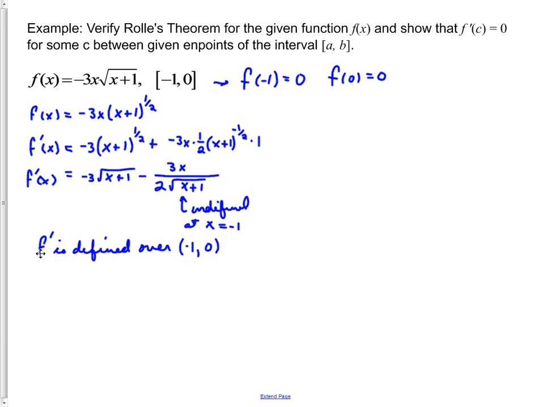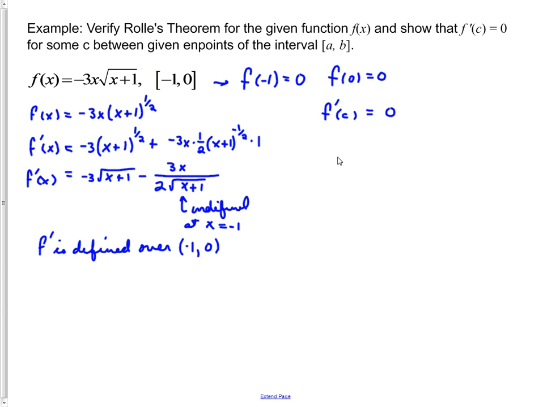So actually, we've met our conditions for Rolle's theorem being able to apply. So let's check it out. That means that there has to be one point within the interval from negative 1 to 0 such that f prime of c is equal to 0. So our next task is to see if we can find a point c such that the derivative is equal to 0 within the interval.